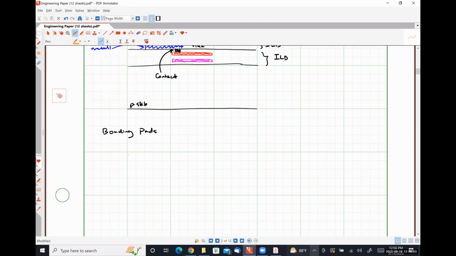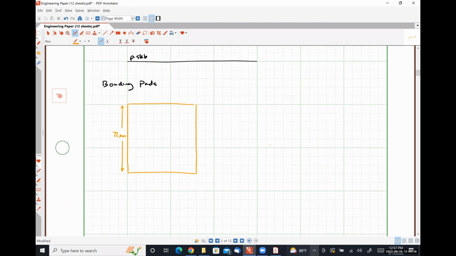Effectively, we have a 72 micron by 72 micron square of metal 3.